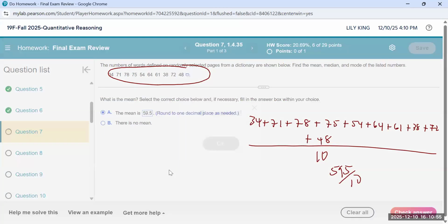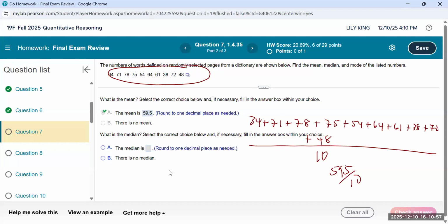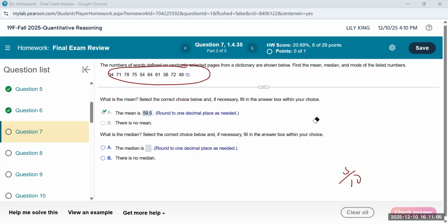Now moving on to find the median. The median is the middle number, but before we find the middle number, we have to put the listed numbers in ascending order. You have to always arrange them from smallest to largest before you pick your middle number. So let's do that.